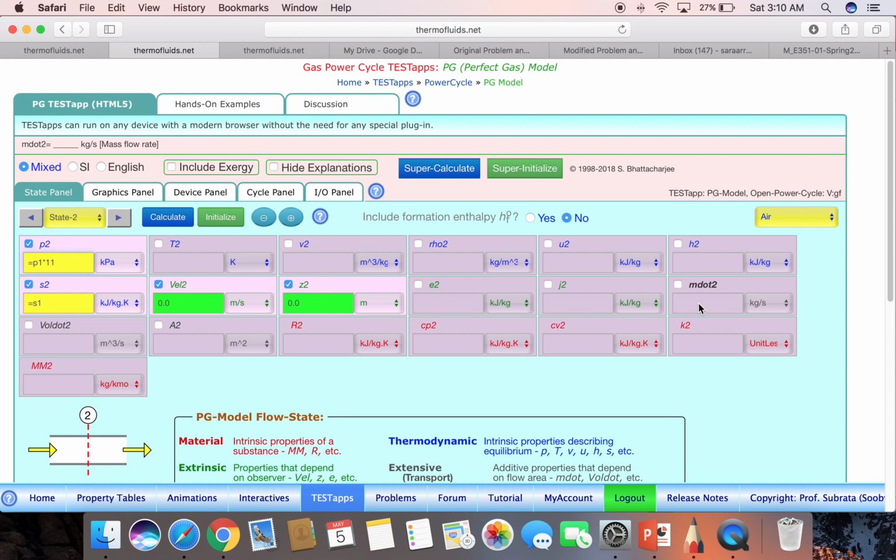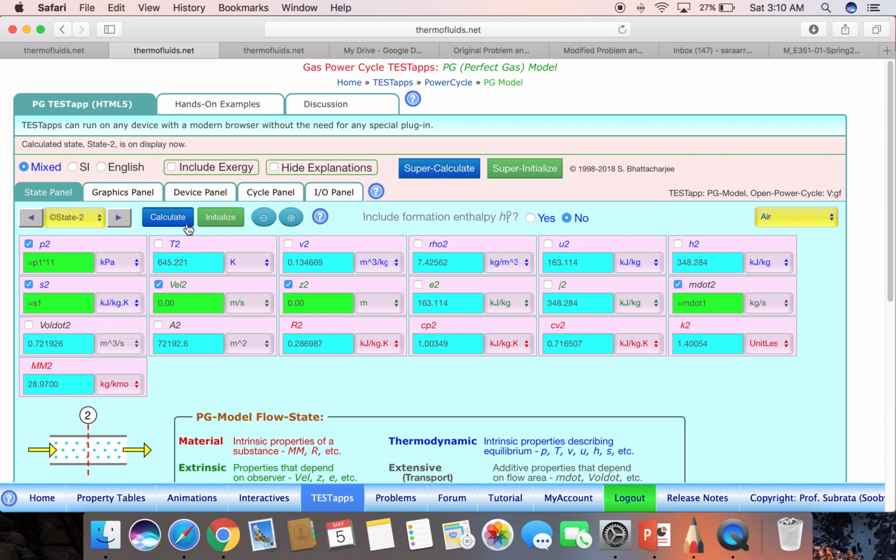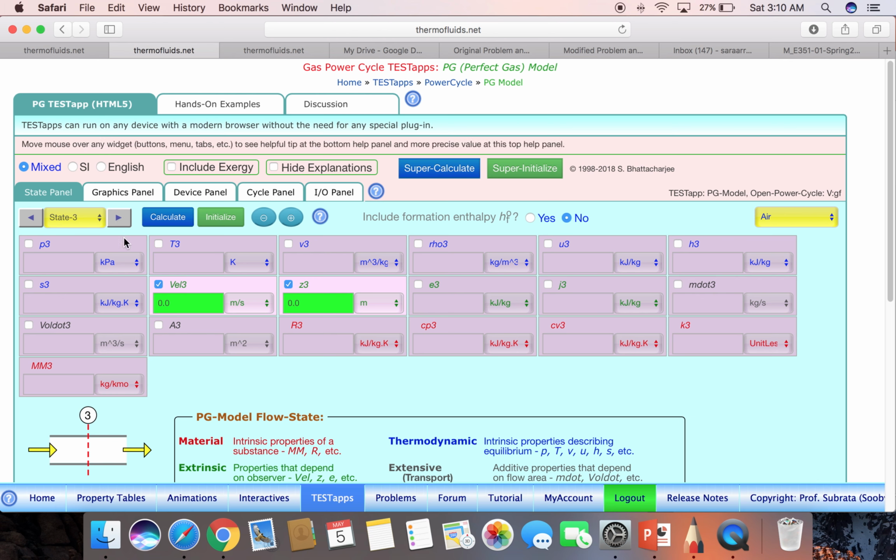And we know m dot is constant. So this is the same as before, but now we're dealing with state 3. For state 3, the pressure is from state 2, and we know that m dot is constant.